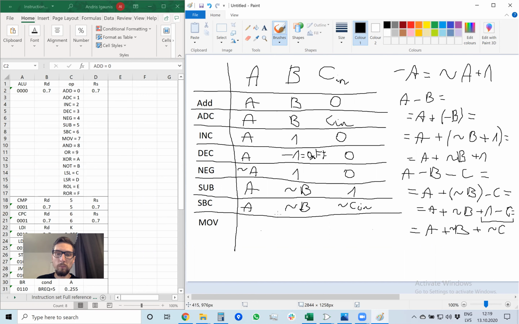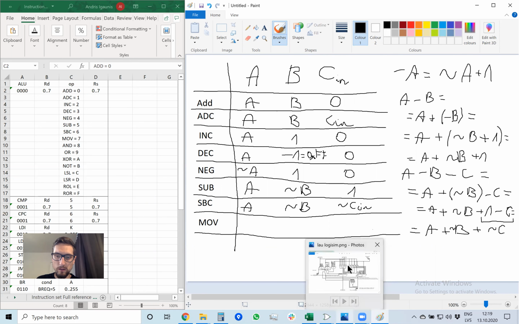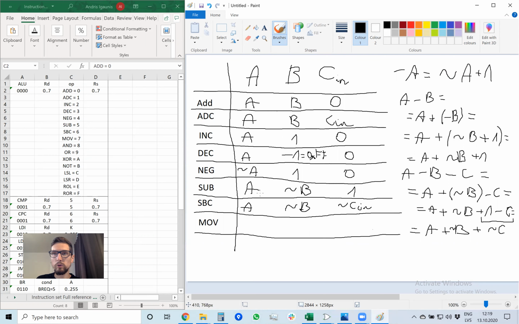And finally, to copy from B to A, we will select this input as, so how to copy value from B to A. Instead of A, we will select 0, and for B, we select B. So 0 plus B is equal to B, and result will be written back to A through general purpose registers.